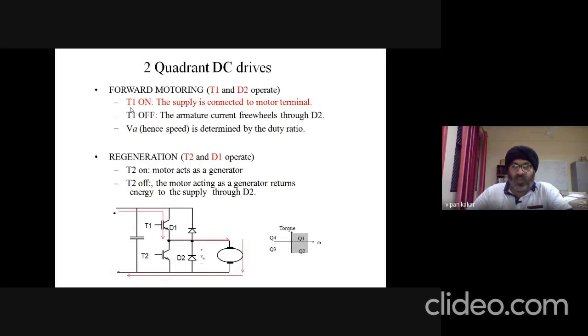For forward motoring, T1, transistor 1 or switch 1, and diode D2 operate. In this case, D1 is on, and this transistor is turned on. So now this supply is connected to the motor through this switched on transistor 1.